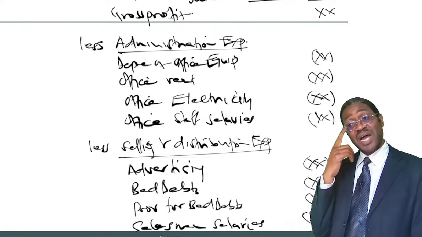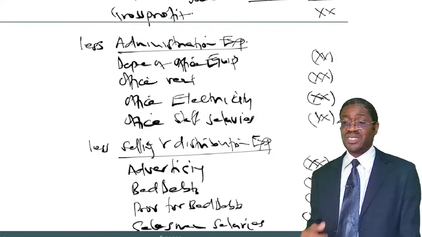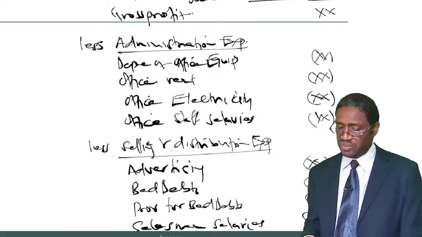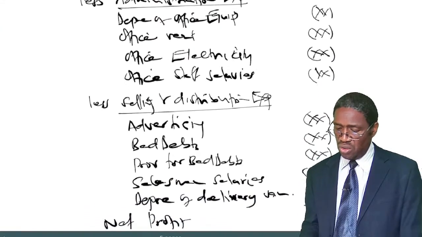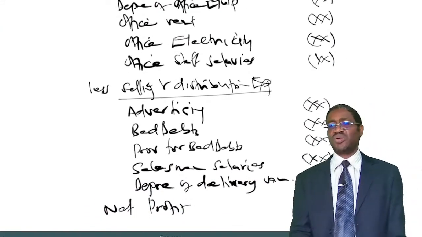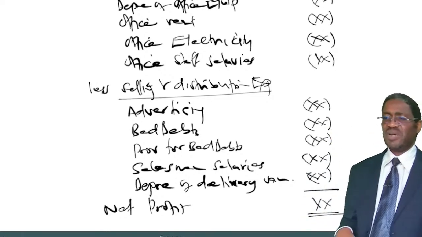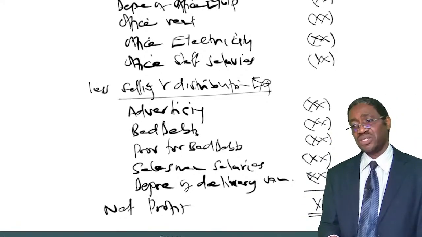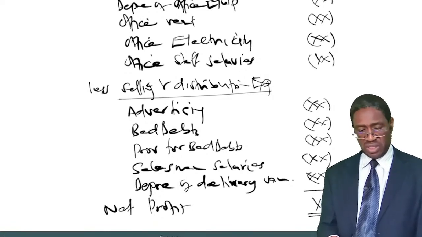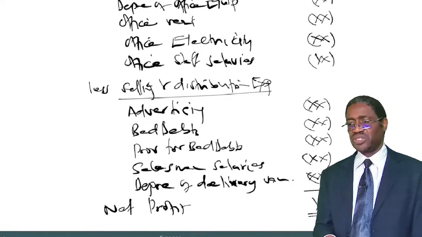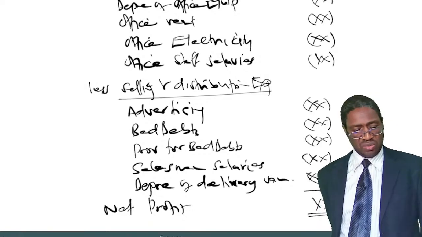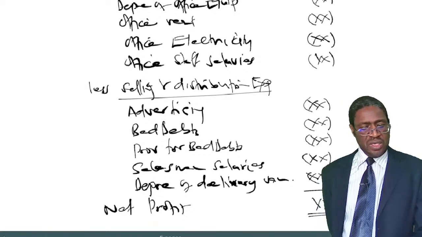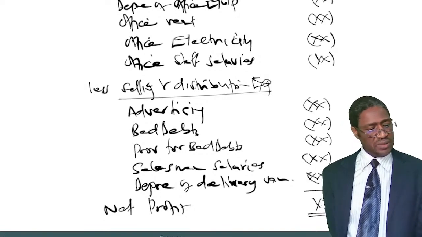Advertising, bad debts, provision for bad debts, salesman's salary, and depreciation of delivery van. Then I'm assuming those are the only ones. Get the net, and that net to balance becomes the net profit. Good. So finish. We now continue from there.